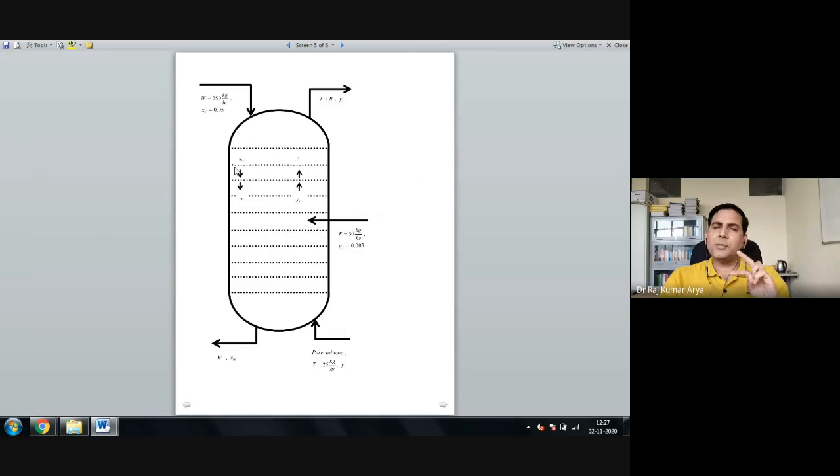Or if you want to make it two-way, let's say I can adjust both things, not only the plates but also the location of the feed. Because as per my mass transfer knowledge, I can alter this composition in two ways: either by increasing the number of plates, or by changing the location where I am inserting the fresh material inside the column.